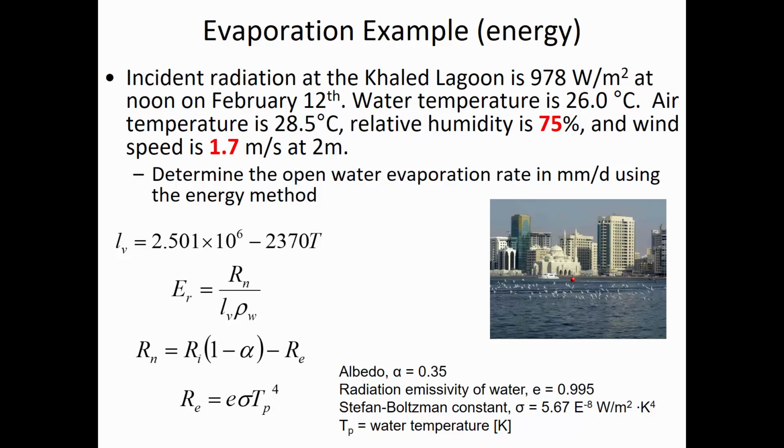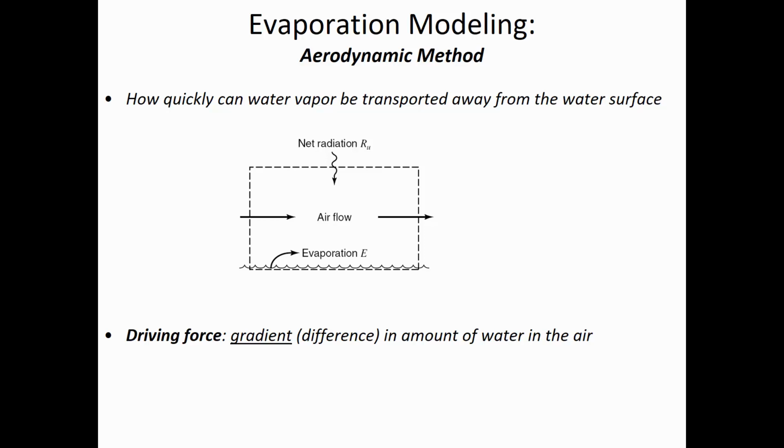Okay. Now remember that it's not just how much energy is available, but it's also the gradient between saturated conditions and our current moisture conditions in the air. So the next approach that we're going to look at, the aerodynamic method, asks the question, how quickly can water that's evaporated from the liquid phase, how quickly can that vapor be moved away from the water's surface?